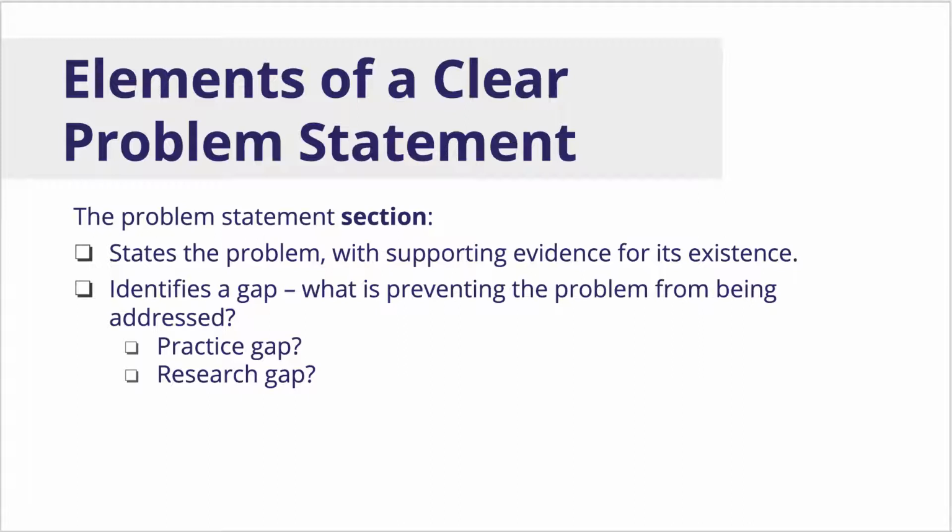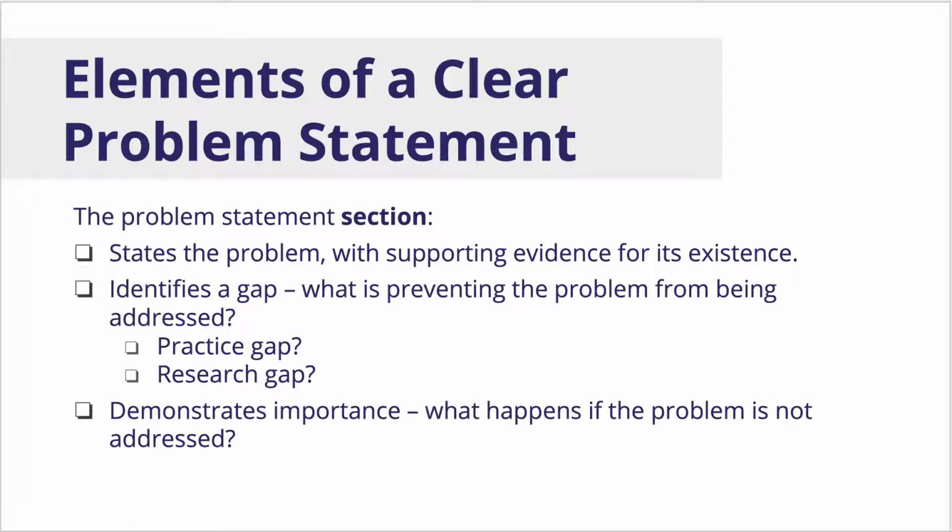So there may be a known barrier, and so you're trying to find other ways to get around it. And then in that case, we're looking at a research gap, that there's something that is not known how to do, and we're trying to find that out. So the gap is something where by bridging the gap, we believe the problem can be addressed.